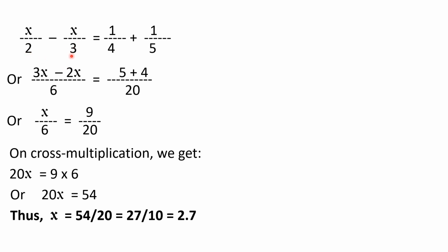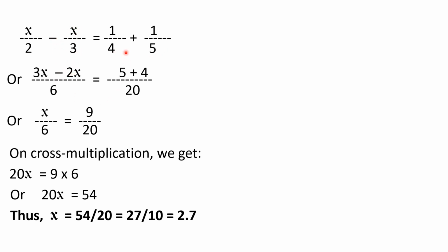Now LCM of 2 and 3 is 6. So we write one line, a dividing line between the numerator and denominator, and 6. 2, 3, the 6. We divide this LCM 6 by 2 in our mind, we get 3. So we multiply that quotient by x, so 3x. We divide 6 by 3, we get 2. So we multiply x by 2, so minus 2x.